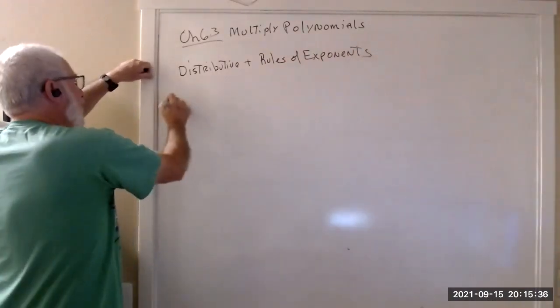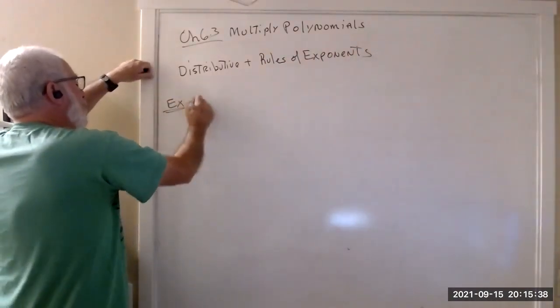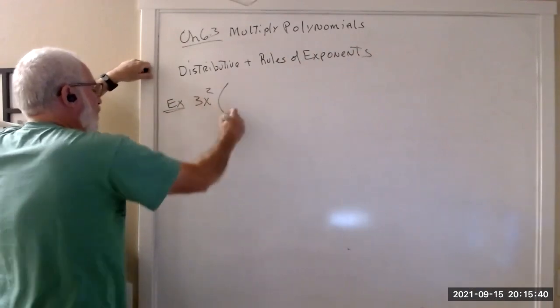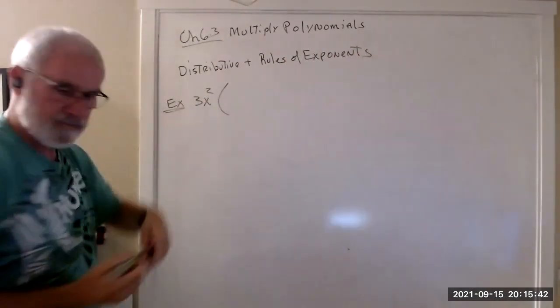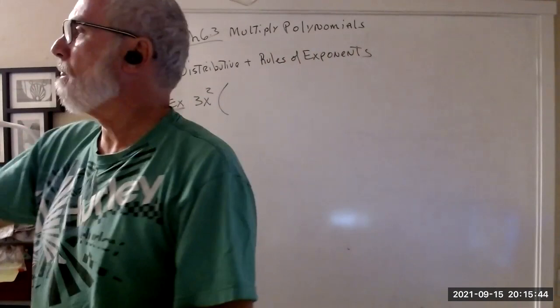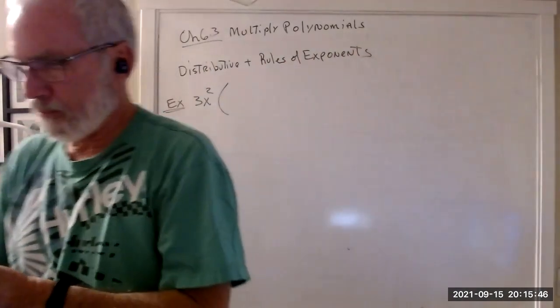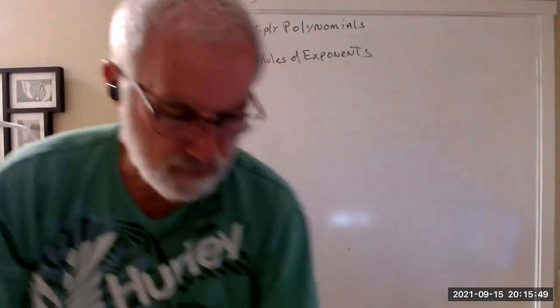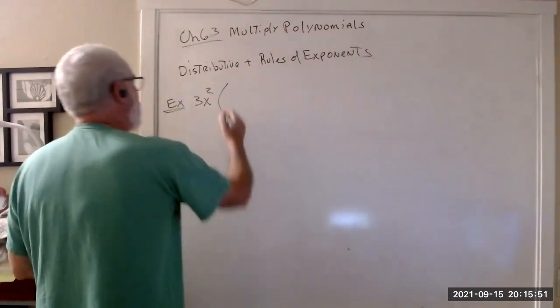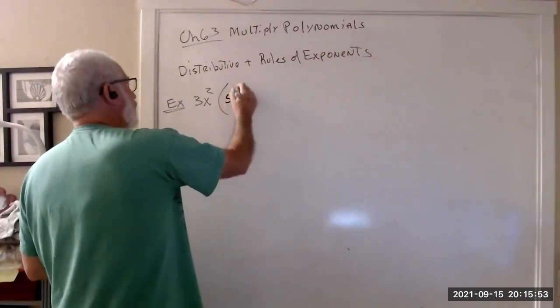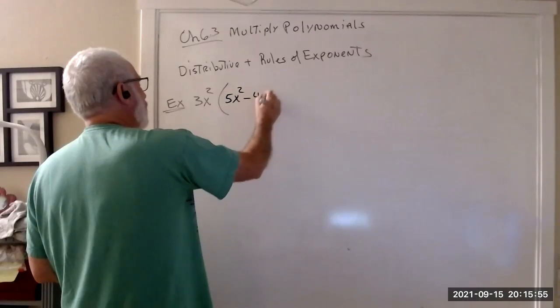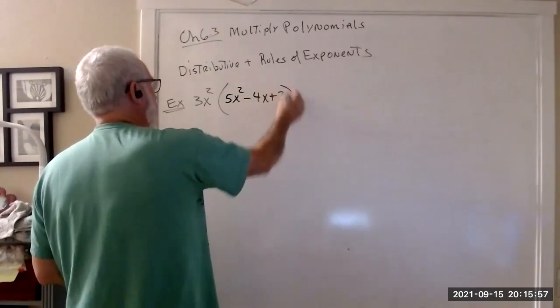So suppose we had, for example, 3x squared times the quantity 5x squared minus 4x plus 3.